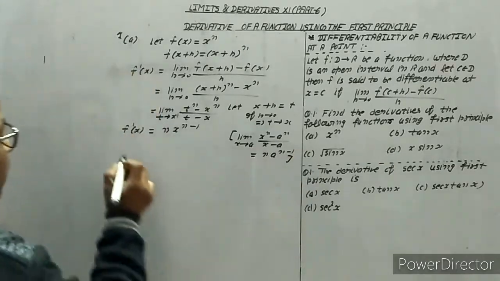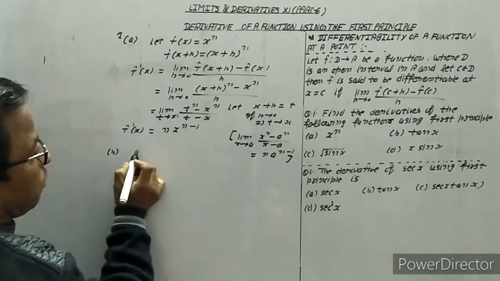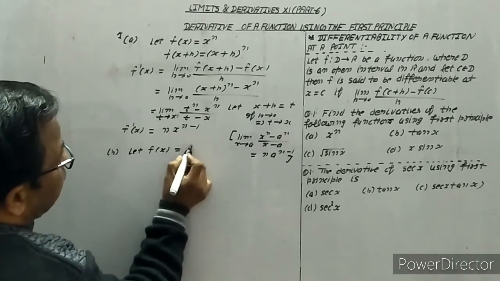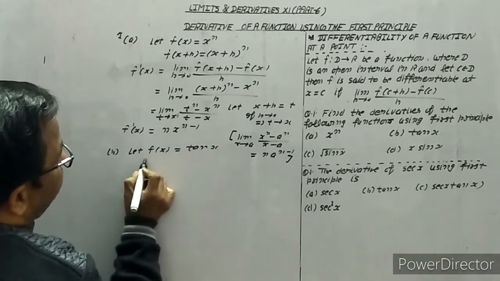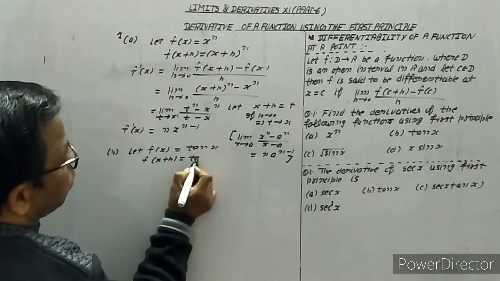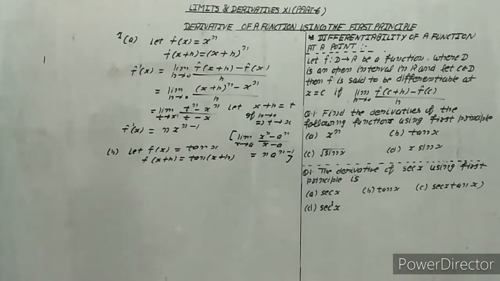Now in part B we have to find out the derivative of tan x using first principle. So we will consider let f(x) equals tan x. Then we have f(x plus h), wherever there is x we have to substitute x plus h, it means this becomes tan(x plus h).